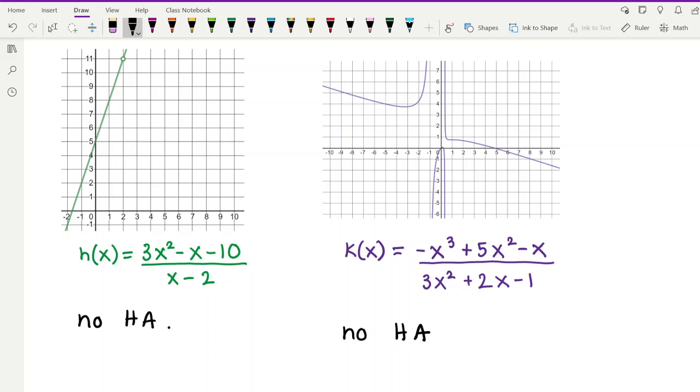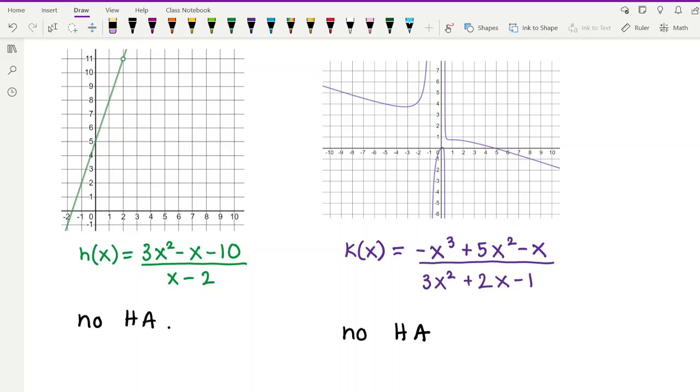On these two graphs, the end behavior is going to be more like the end behavior that we saw earlier in the quarter with polynomials, right? For example, on this green graph, as x approaches -infinity, h of x approaches -infinity. It goes down to the left. And as x approaches positive infinity, h of x approaches positive infinity.